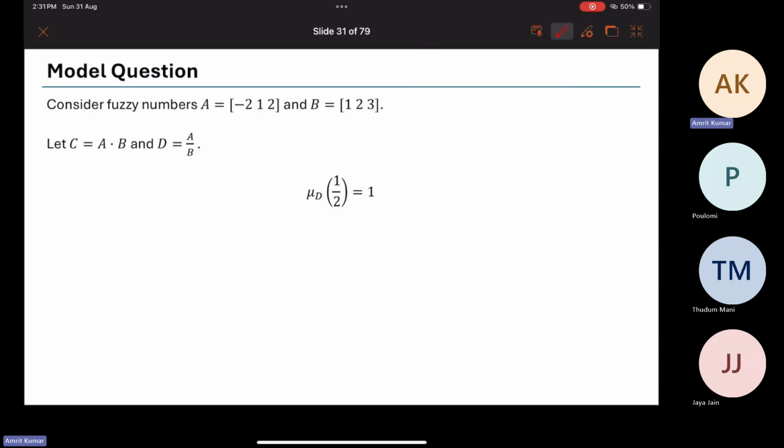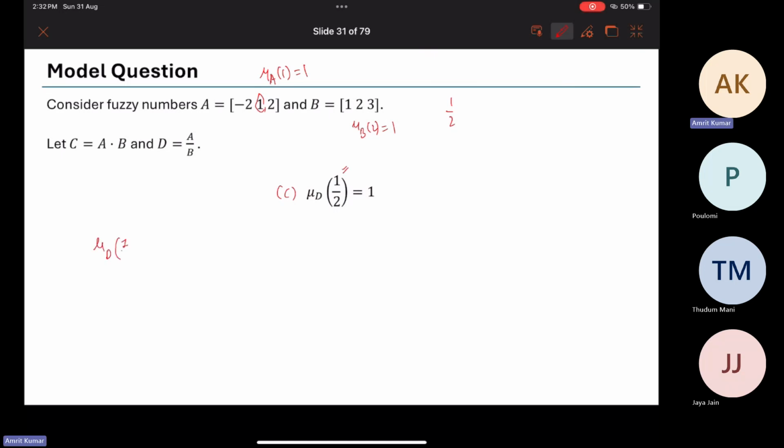So in option C, we need to check if the membership of half in D is 1. Now, again, it should strike us that the membership of 1 in A is 1, the membership of 2 in B is 1, and 1 by 2 is what we have here.